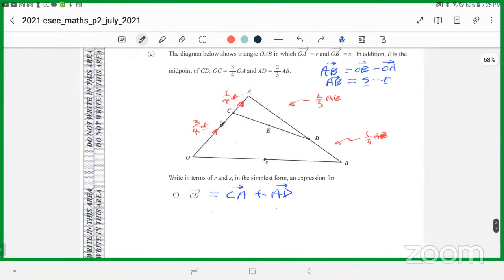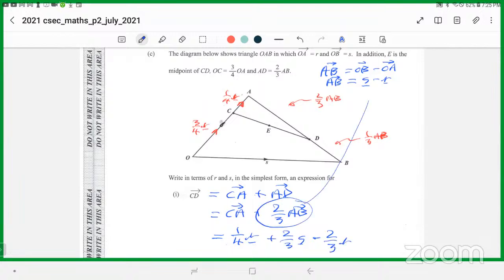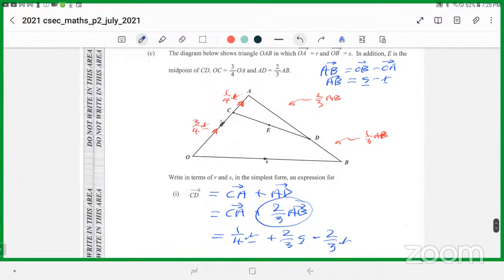So I write C to A, which is 1/4 R, and then 2/3 of AB, which is 2/3 of S minus R. So I write plus 2/3 S and then minus 2/3 R.